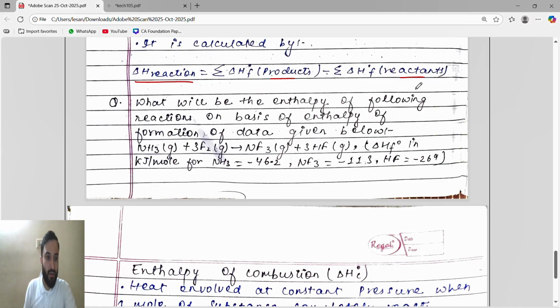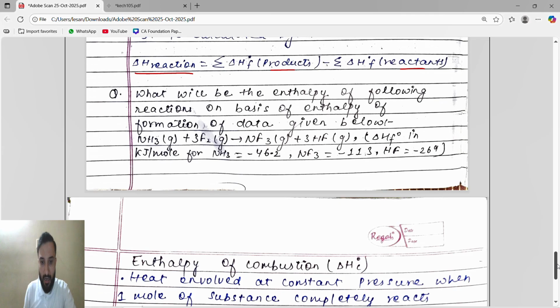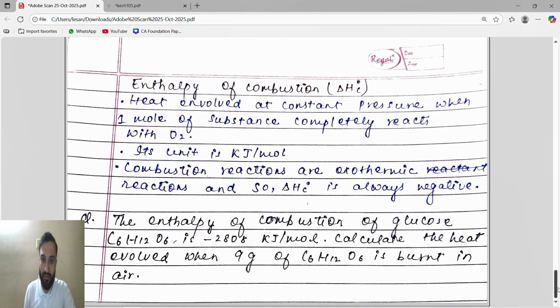Now we will do the sums, then we will understand, and then last we will do the enthalpy of combustion.